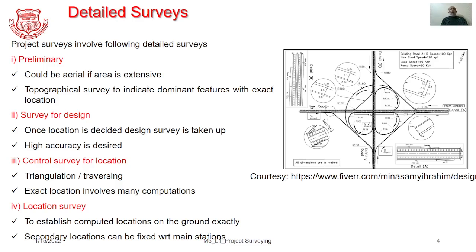So in order to have that particular location actually realized, some information could be required, and that information will be collected by having the surveys in view of designs. As this is a very crucial stage and it is to be materialized in the execution stage, there is a need to have highest accuracy.